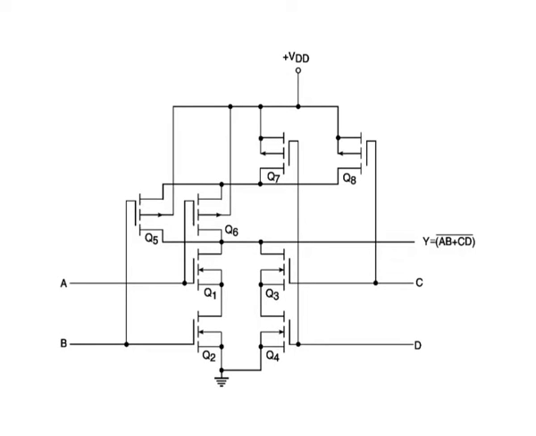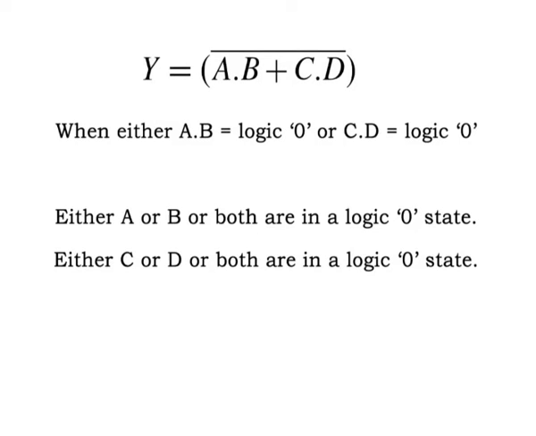For both these conditions, there is a conduction path available from ground to output, which verifies that the circuit satisfies the logic expression. Also, according to the logic expression for the AND-OR-invert gate, the output should be in logic 1 state when both A·B and C·D equal logic 0. This implies that either A or B or both are in logic 0 state, or either C or D or both are in logic 0 state.